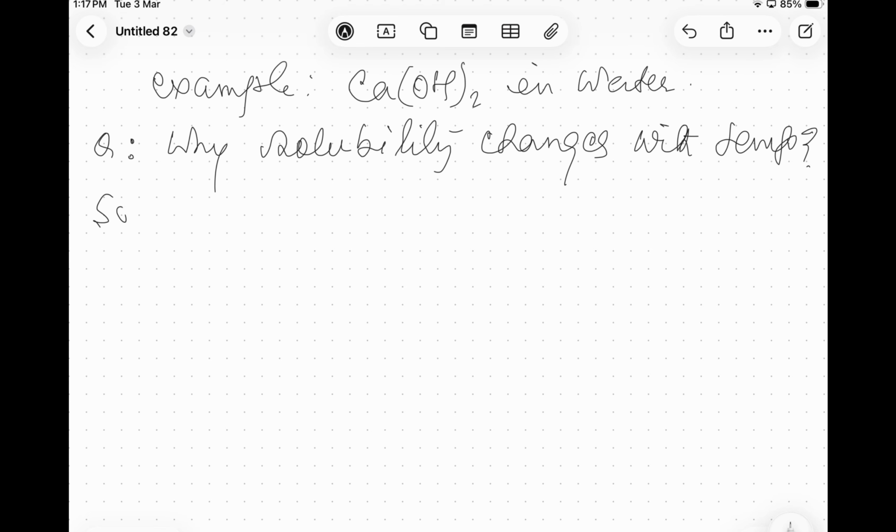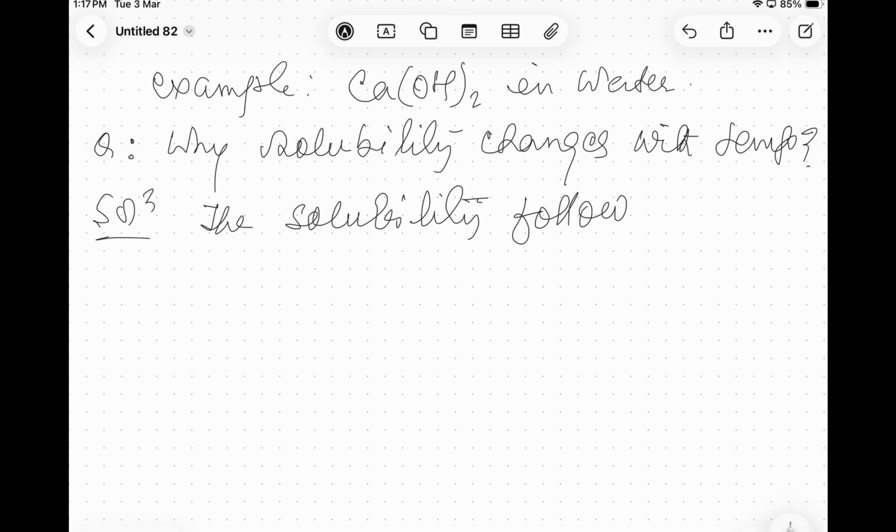Answer is on the basis of Le Chatelier principle. The solubility follows Le Chatelier principle.